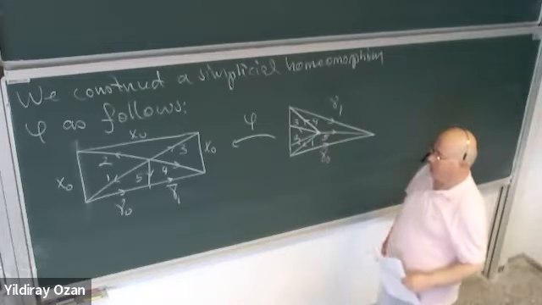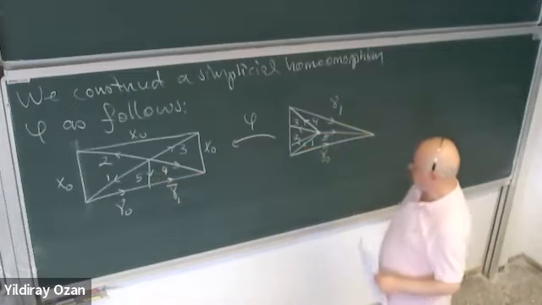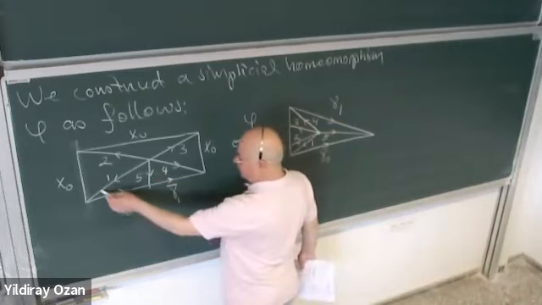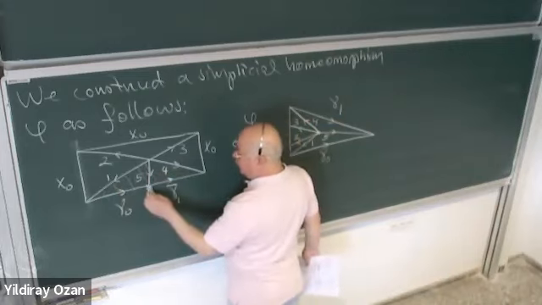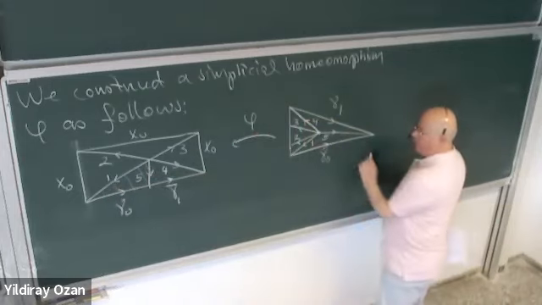You see, we have several triangles here. For example, consider this triangle. Okay. One side is gamma 0, and then I have 1 and 5. Gamma 0, 1, and 5.